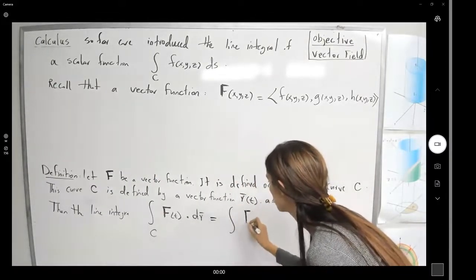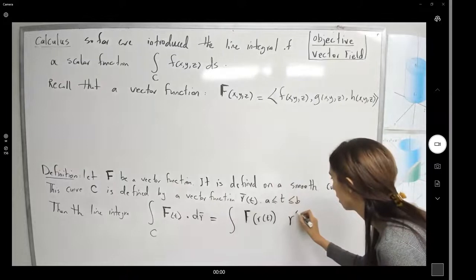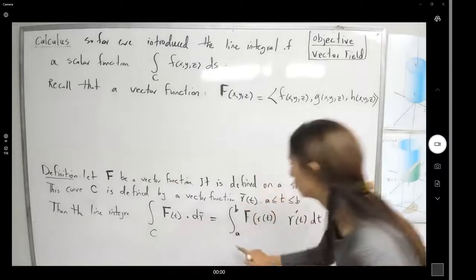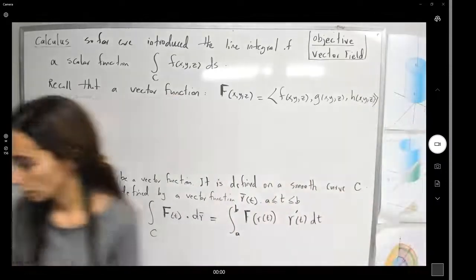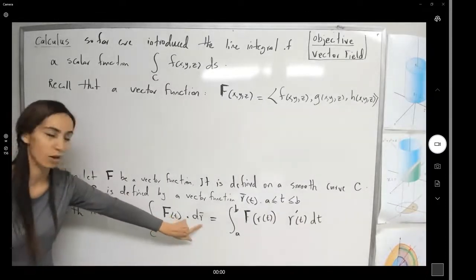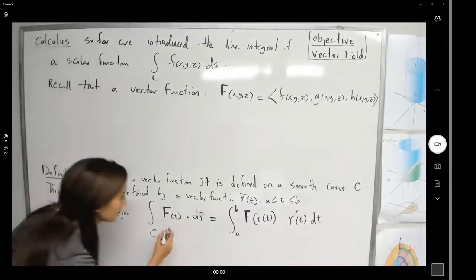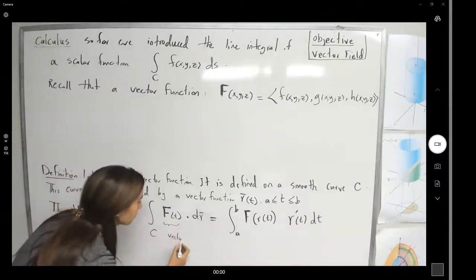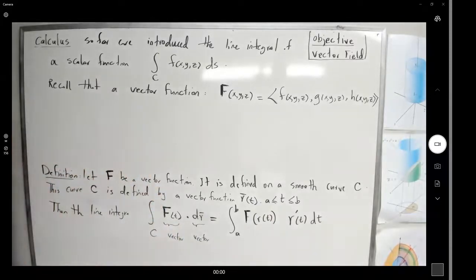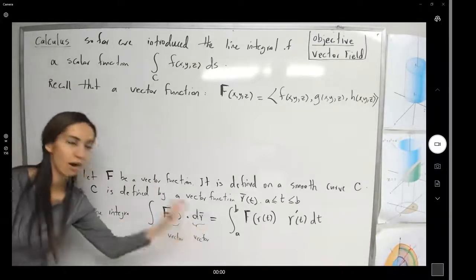So we do the substitution, F of r of t dot r prime of t dt as t moves from a to b. Just note that here we have F dot dr. There's a dot product between these two vectors. This is your first vector, and this is your second vector.